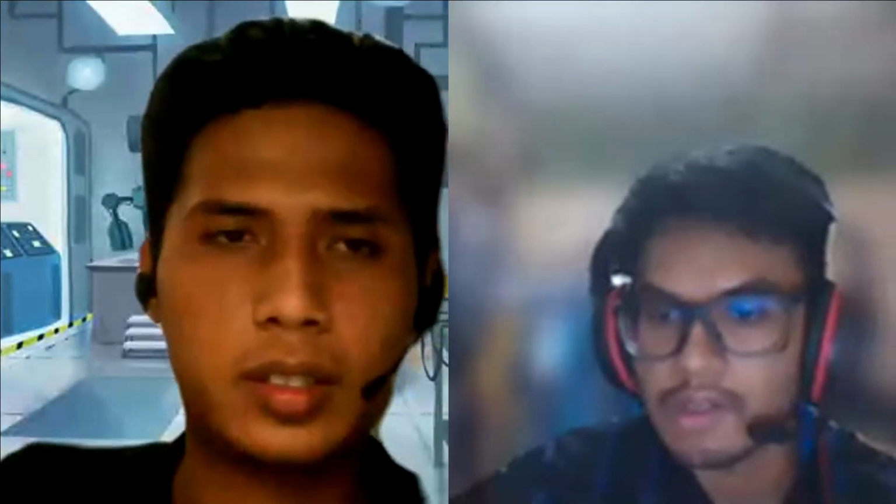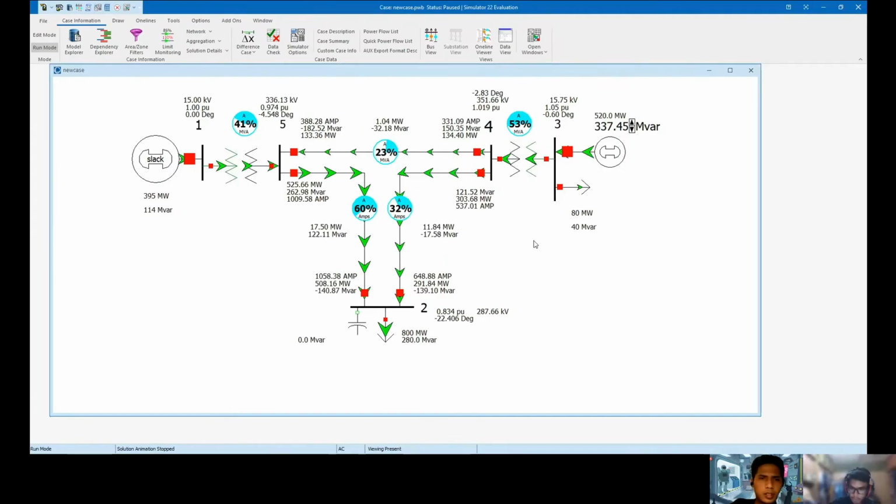Okay, guys. First of all, can one of you explain to me what is power flow analysis? So the power flow, from the assignment: a major problem with power system operation is the limited capacity of the transmission system.